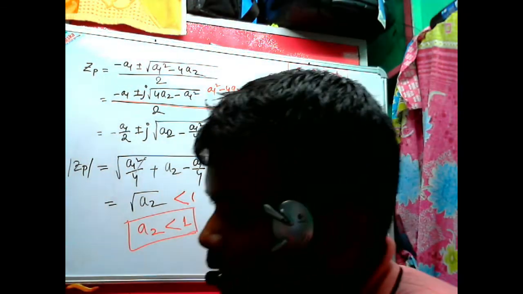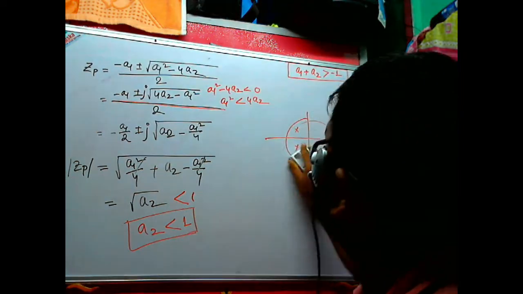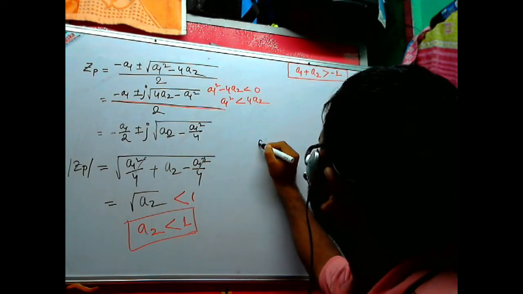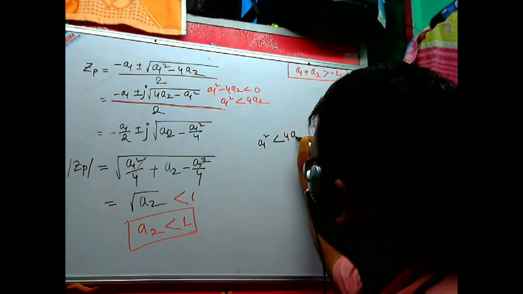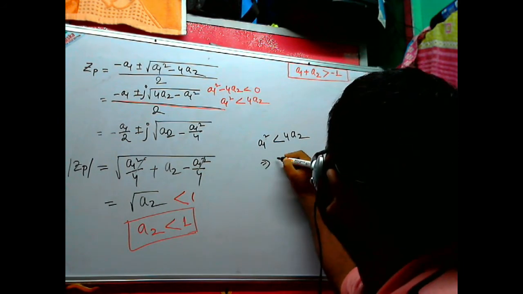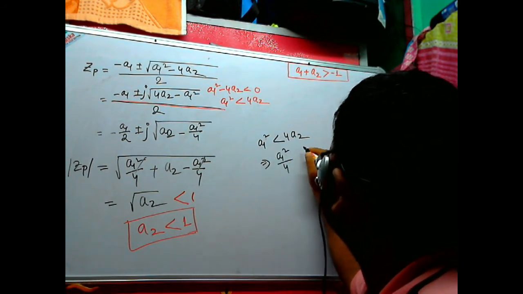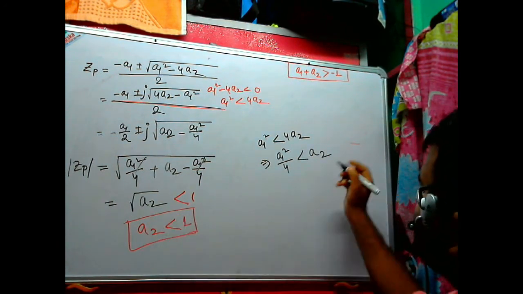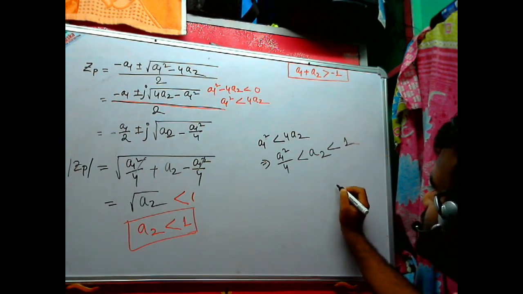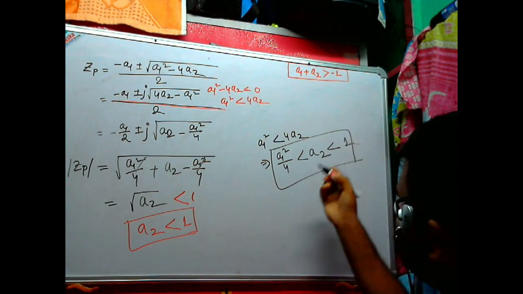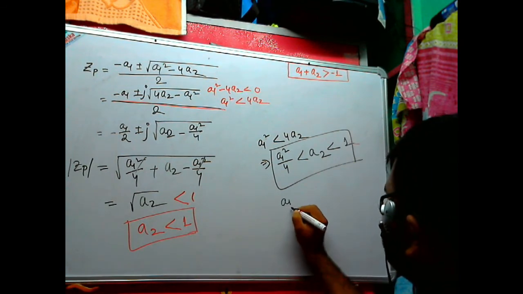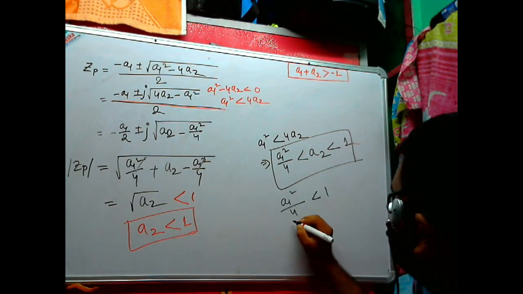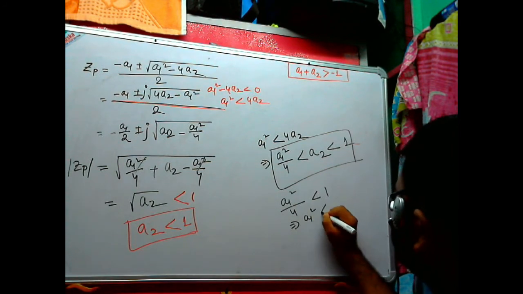Now we also have to include the condition a1 square is less than 4 a2. So a1 square divided by 4 is less than a2, and a2 is less than 1, which implies a1 square divided by 4 is less than 1, or a1 square is less than 4.